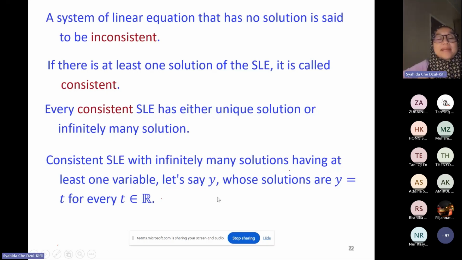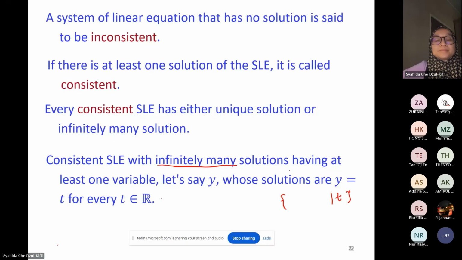If it has infinitely many solutions, then in the solution set there must exist at least one parameter. It might be two parameters and so on, but at least one parameter exists.